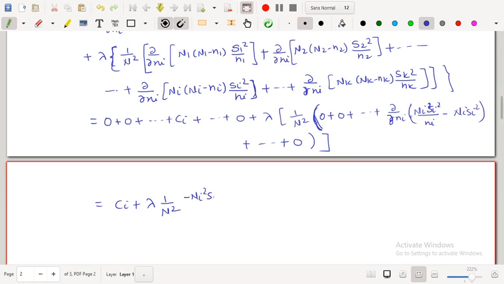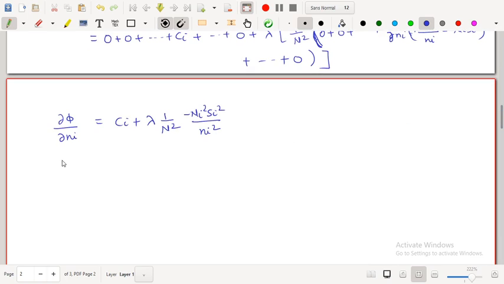This is your ∂φ/∂ni. Now we have to equate it equal to 0. So consider ∂φ/∂ni is equal to 0.